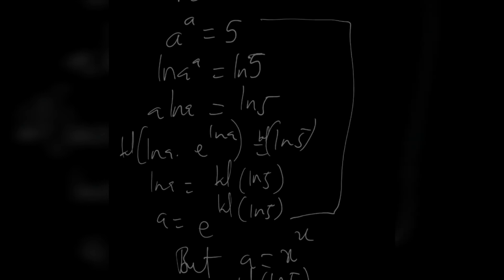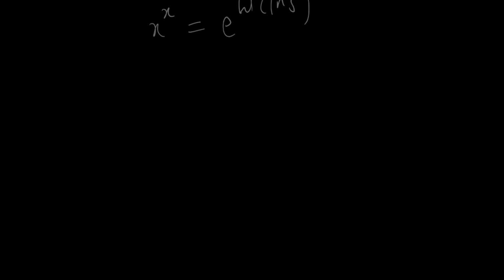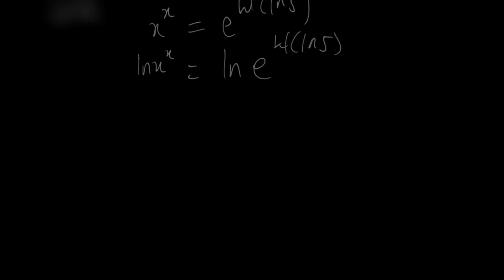So it's just the same procedure from here to here. Use that one to also solve for this one. So we get, take the natural log on both sides, e w 5.